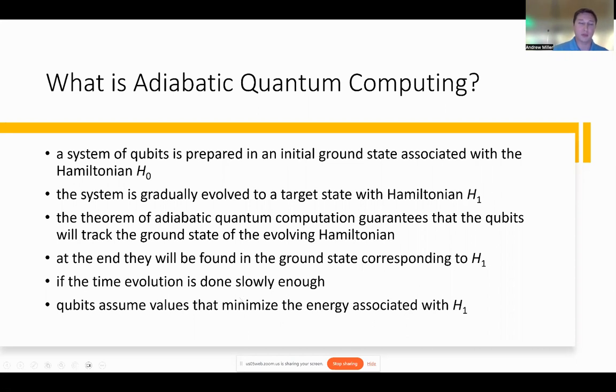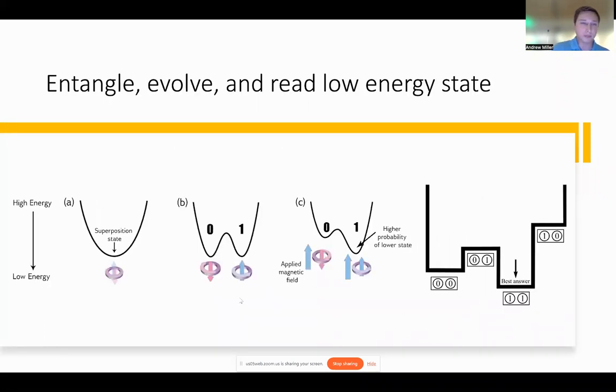So we're basically trying to evolve the system slowly, and the idea is that at the end, the qubits assume a minimal energy state. If you're doing an optimization problem, you're typically looking for either a maxima or minima, right? And so this is exactly what you want. A more detailed description of what they actually do, I'll describe with three words: entangle, evolve, read.